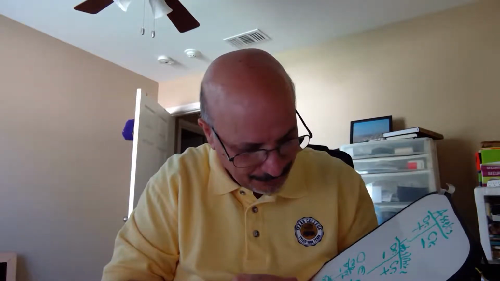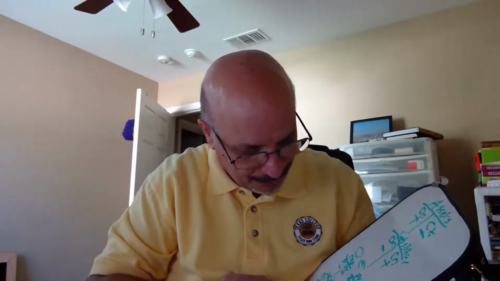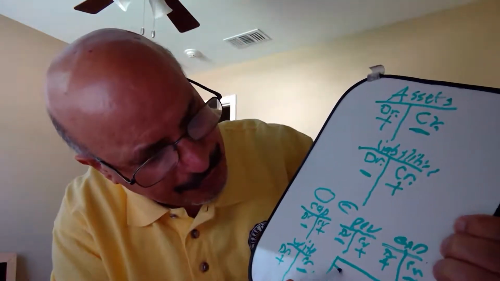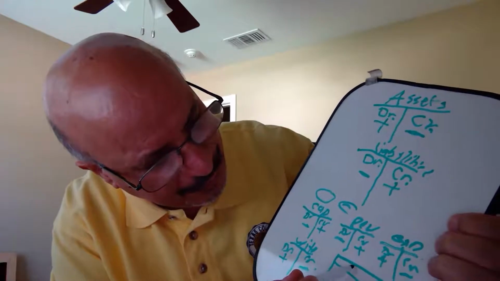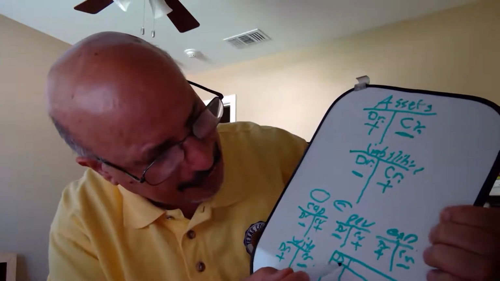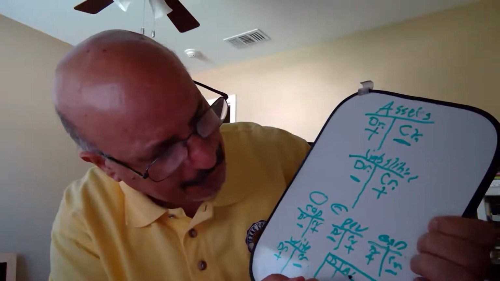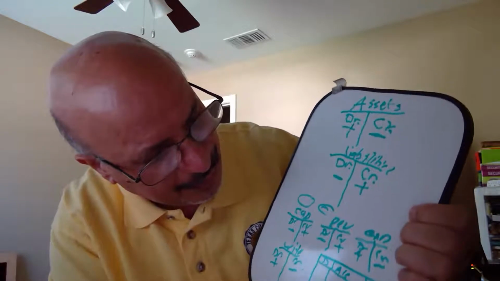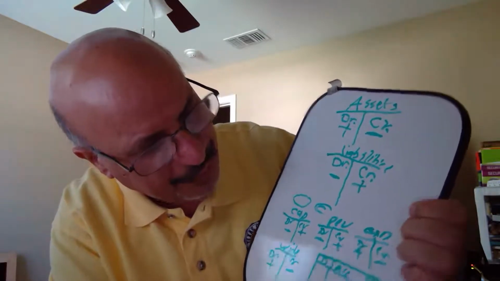So if I want to do a journal entry here, this is a very small general journal page. This is the date, account or transaction, debit, credit.